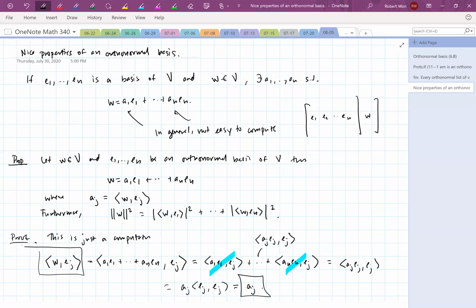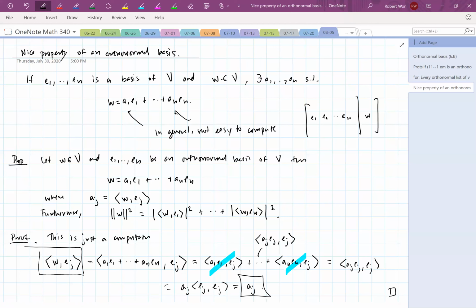Okay, so I said nice properties. I guess I really just mean a nice property. So this is one nice feature of taking an orthonormal basis, which kind of makes sense, right? If you think about the standard basis, it's a little bit stupid, the thing I'm about to say, because generally you're given vectors in the standard basis.